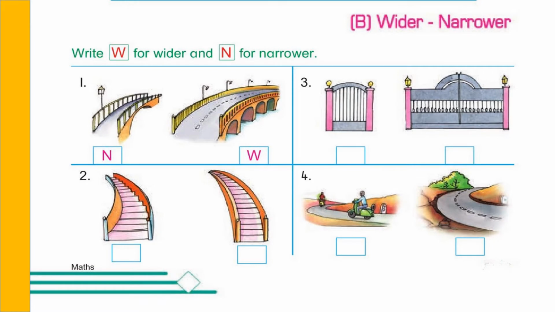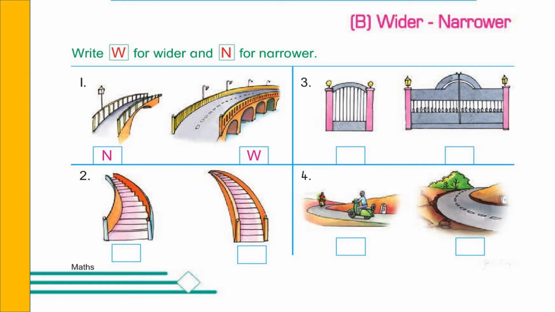It's wider and narrower. Here they say W is for wider, N is for narrower. If you see the example of number 1, we see a bridge. The left side bridge is thin or small, and the right side bridge is bigger. So the thin one, we use the letter N for narrow bridge and W for a wider bridge.